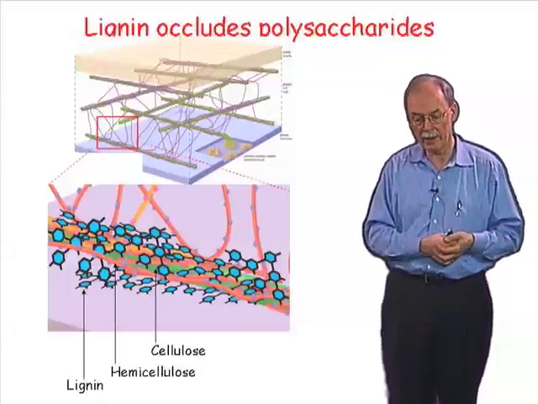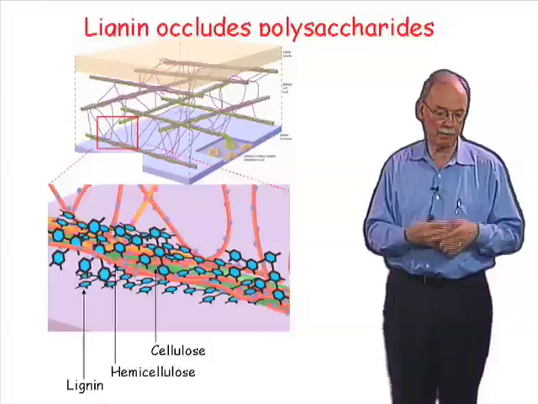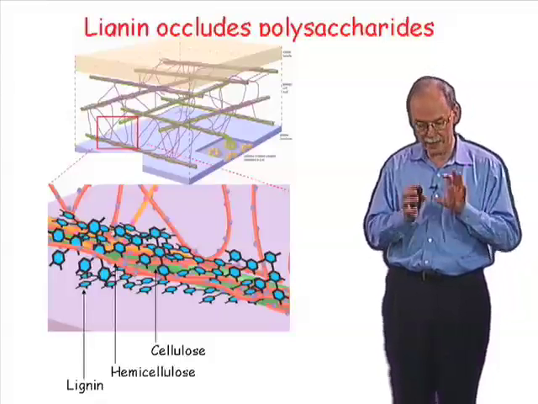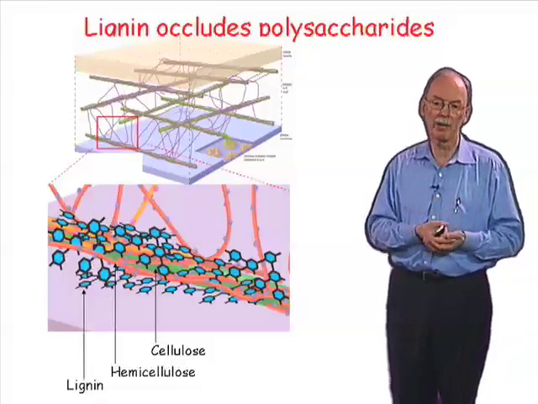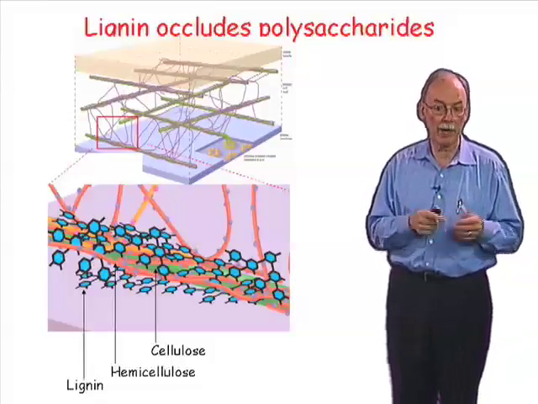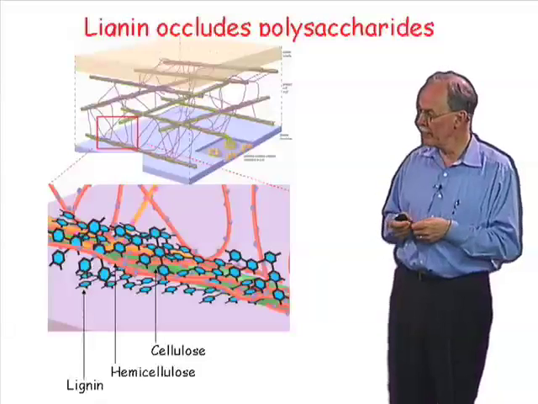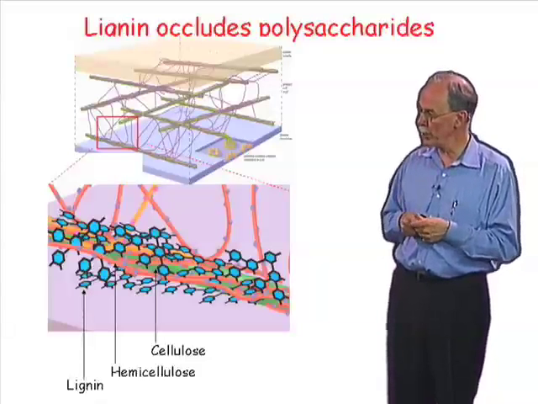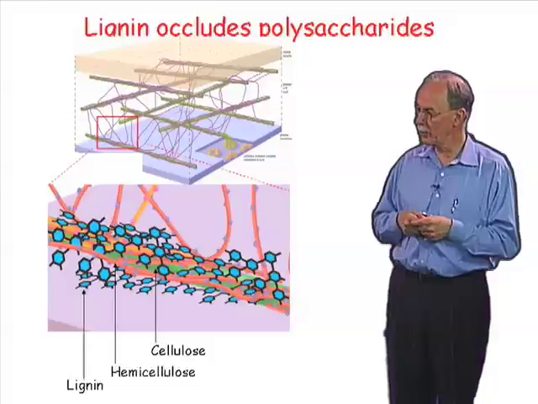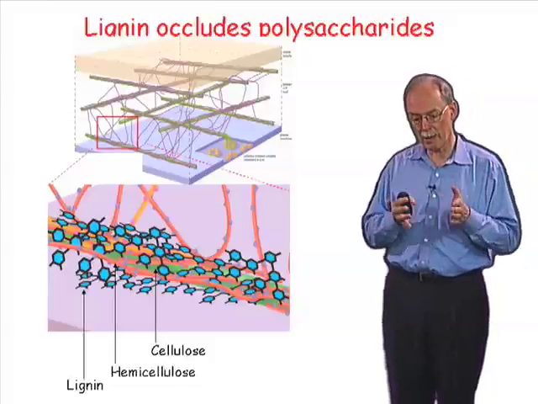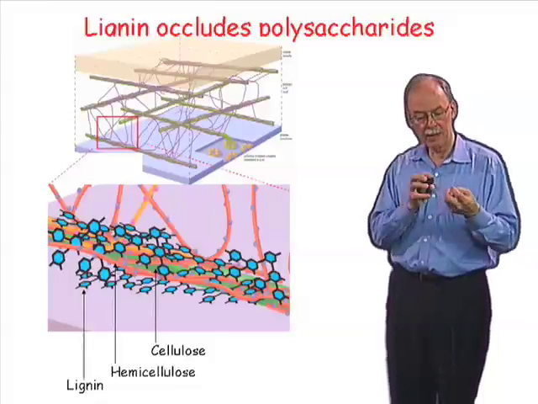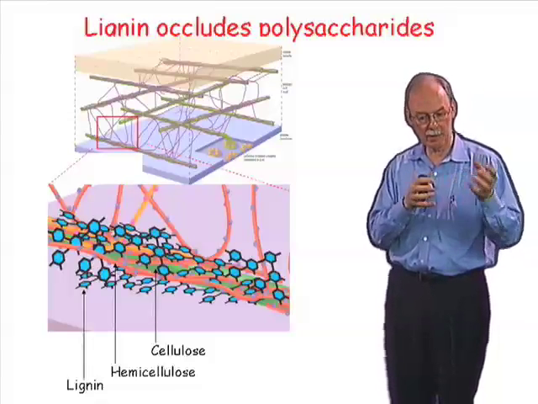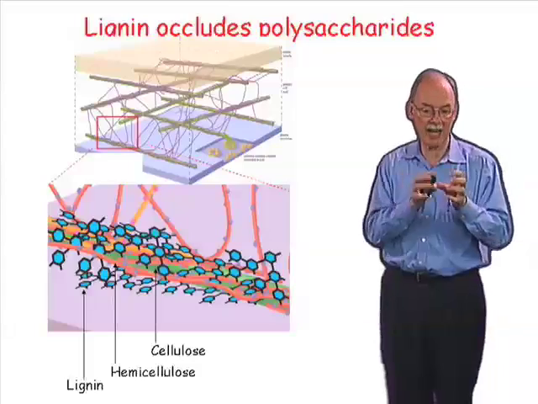And in fact, that's one of the big research objectives that people in the field have right now, is trying to see what the nanoscale structure is, so that we can try to envision ways of breaking it down. For example, if it has this kind of structure shown here, one explanation for why the biomass is so hard to degrade is that perhaps the lignin occludes the biomass, the polysaccharides, so that enzymes can't get at it.